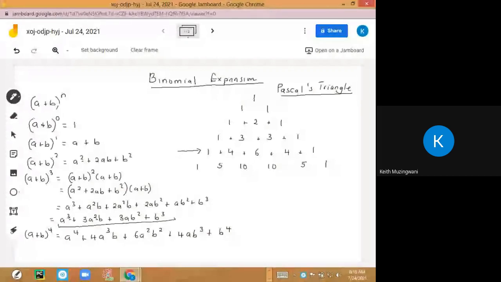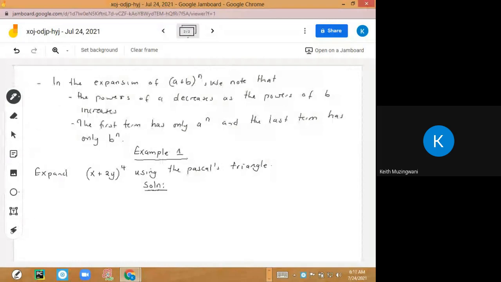In power 4 we have 1, 4, 6, 4, 1 as our coefficients. So here we should have x plus 2y power 4 having the coefficients.